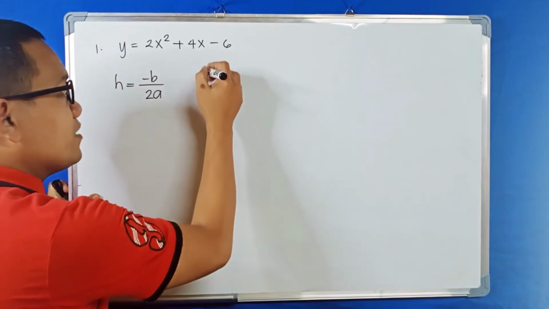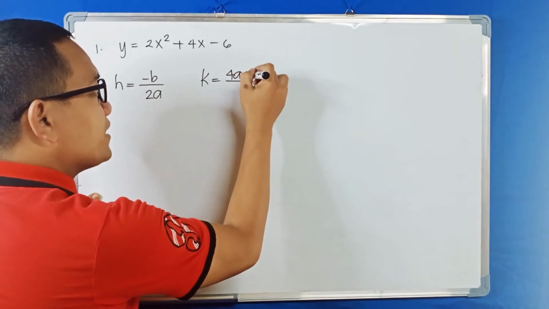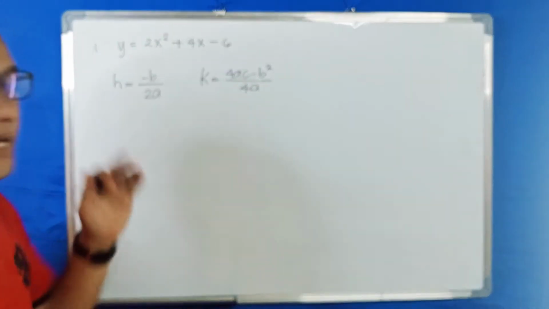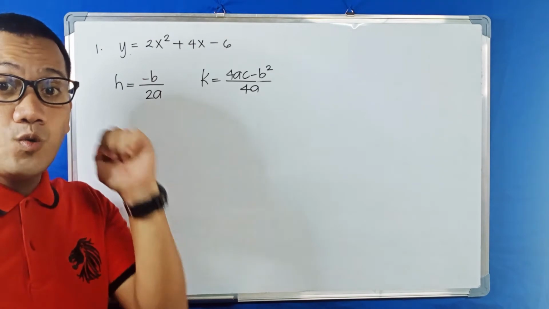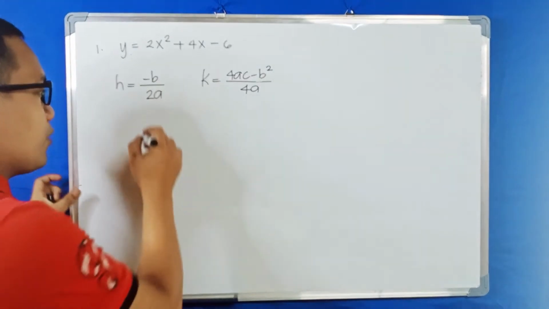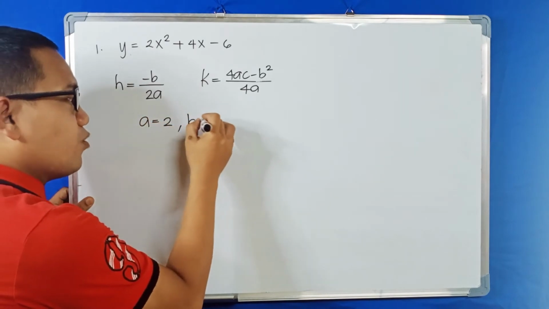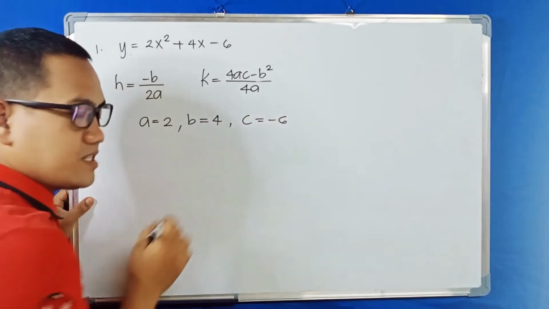And for our k, we will utilize the expression 4ac minus b squared all over 4a. Since our given quadratic function is written as y = 2x² + 4x - 6, it is understood that our a is equal to 2, our b is 4, and c here is negative 6.